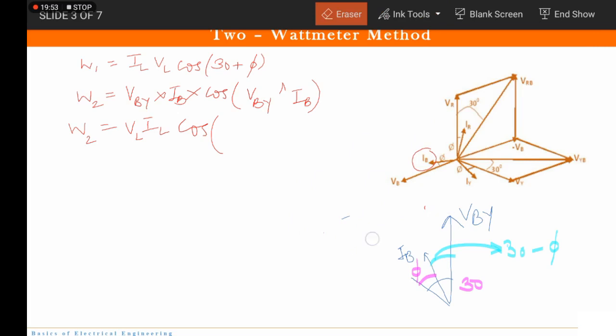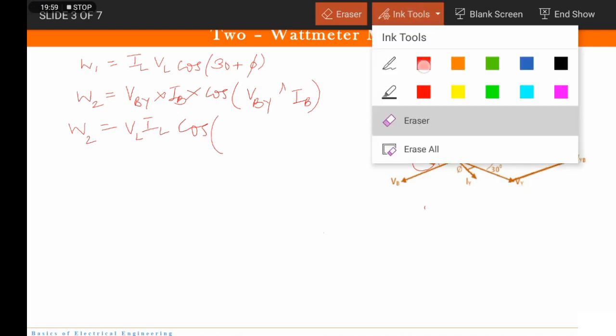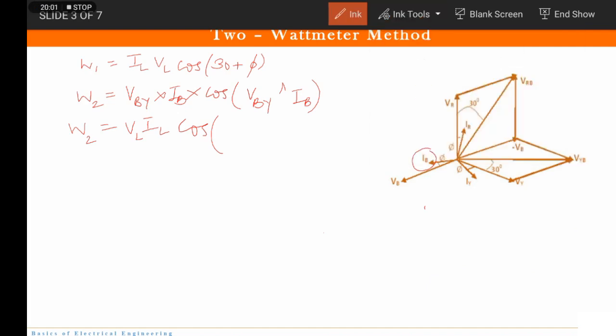I shall erase this now. Fine. So here the angle would be 30 minus 5. So we have W1 and W2, and what we are going to do is add these two together.